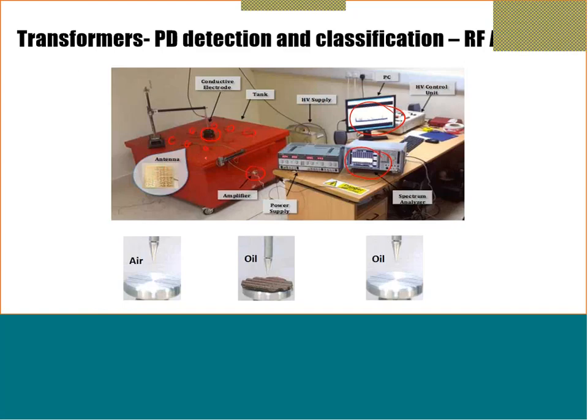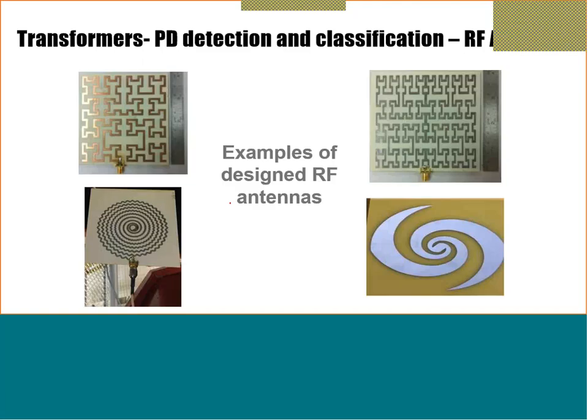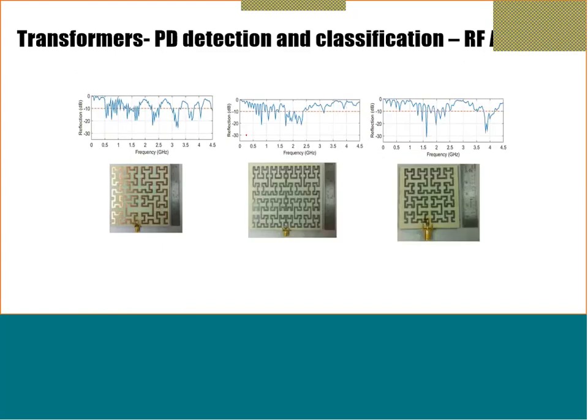In the case of a transformer, if it has a drain valve, we can easily insert them, and they come in these interesting artistic shapes. We did studies using different types of antennas. So these are the fractal antennas. Fractal means you see this shape, it repeats itself.